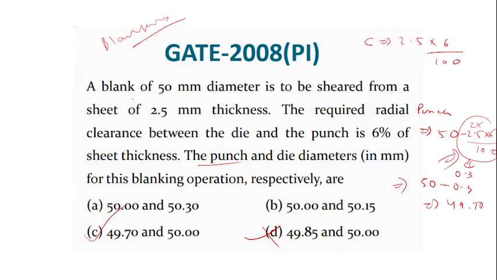That is coming 0.3 only, total clearance. The radial clearance is given. So if you use just the radial clearance, you will get option D. Otherwise, you will get option C. So actually, if they ask just radial clearance, is it just C only? We should consider it only once. Yes, without the two. Yes. Okay.